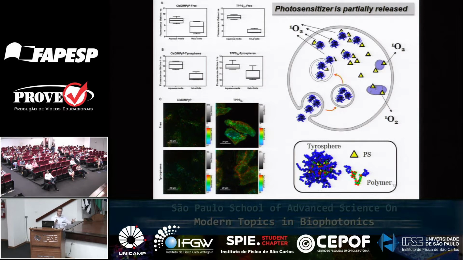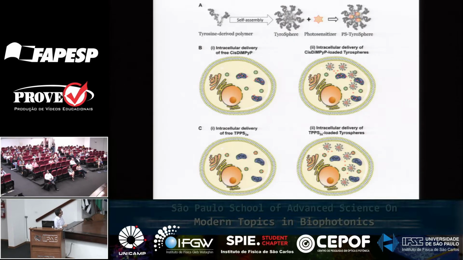So it increases the amount of damage by targeting other sites. Okay. So if this positively charged dye is delivered in the tyrosphere, it goes to mitochondria, and some of it stays generating singlet oxygen within the cell, and the negatively charged goes to lysosome.